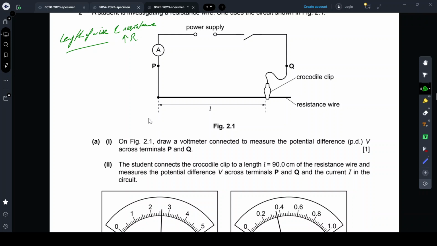So on figure 2.1, draw a voltmeter connected to measure the potential difference across terminals P and Q. Since it has a short wire, it will have less resistance between P and Q. No, wait, actually, it has greater wire.